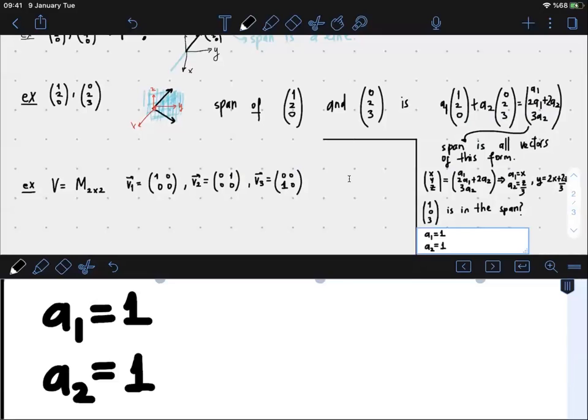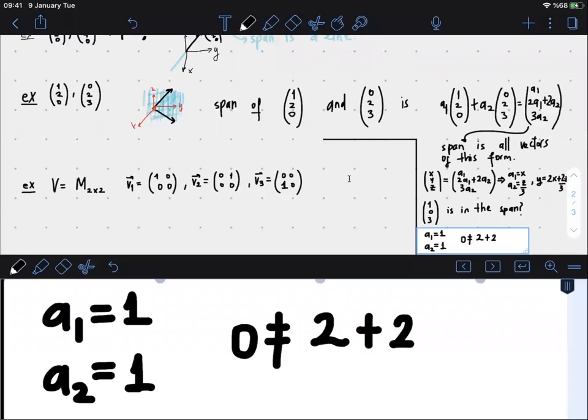But now, what is y? But 0, you see, is not equal to 2 plus 2 plus 2, right? No.